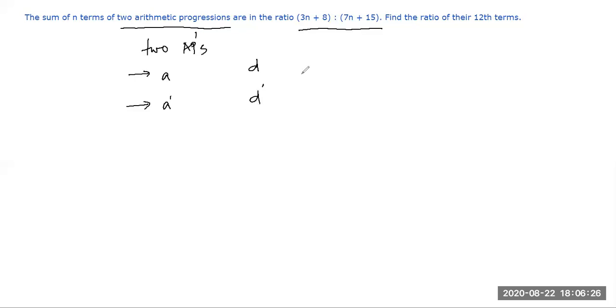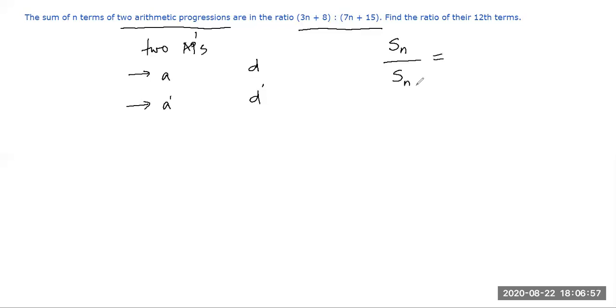He says the sums of n terms of the two arithmetic progressions are in a ratio. So this is the ratio of Sn divided by Sn dash.